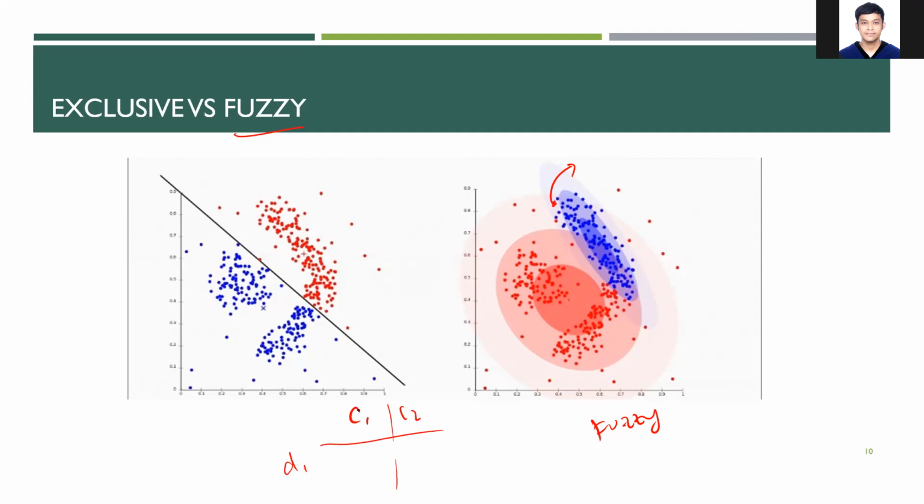So maybe its membership value for the blue cluster will be higher than, let's say, the red cluster. So this is the fuzzy membership value. Each of these data points will have a membership value representing which cluster the data point is closer to.